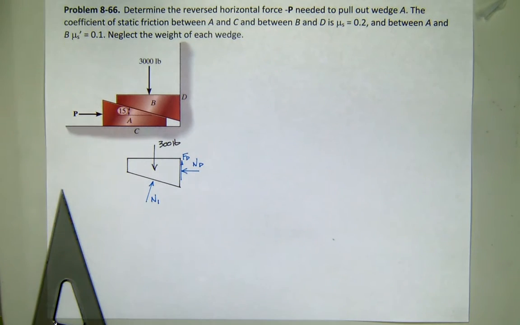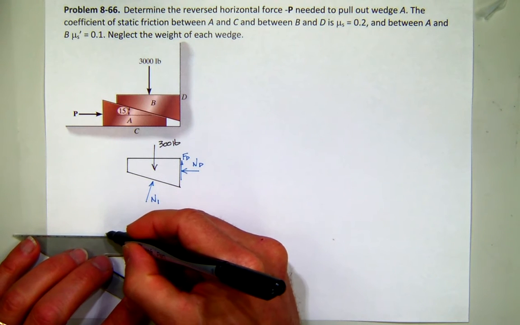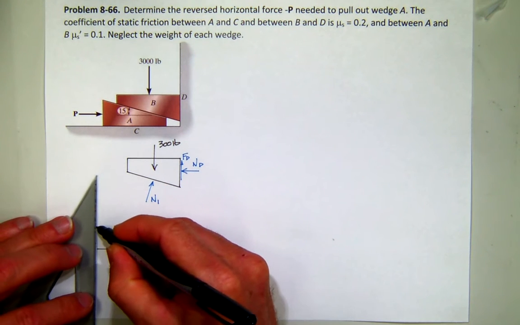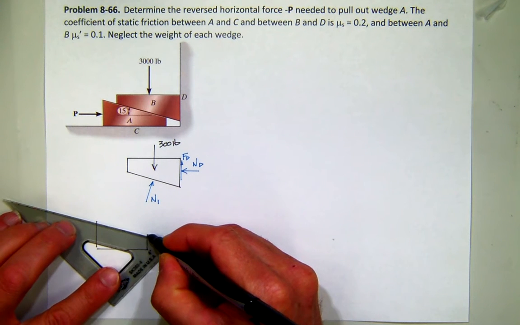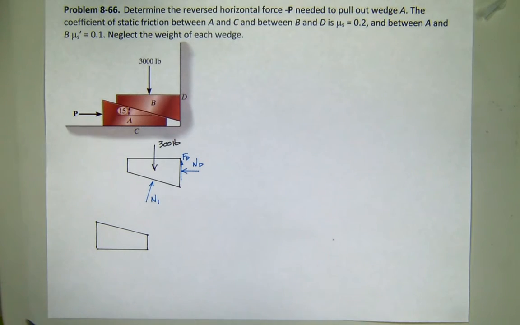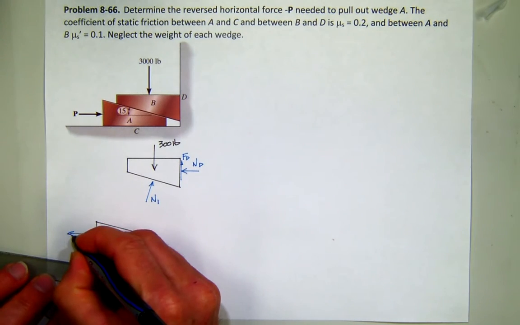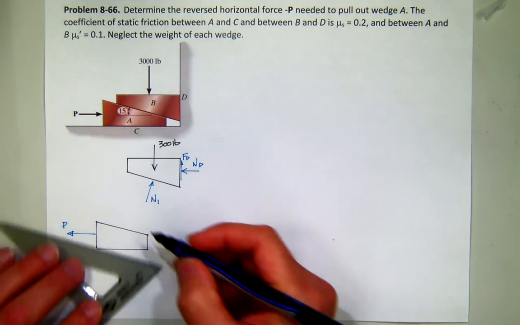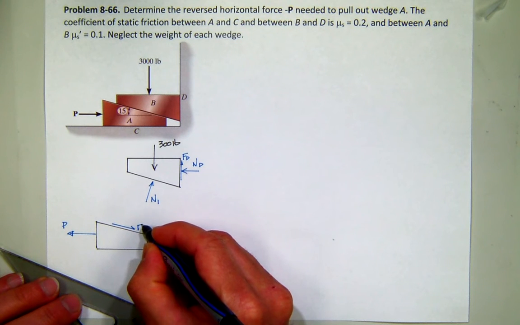Now, if you don't see this next part, I'm going to skip over and draw the free body diagram of the bottom wedge. This might be a little easier for you to see. If you get confused, definitely put in what you know. So remember, our force P is to the left, negative P, right? So motion is to the left, so friction forces will be to the right.